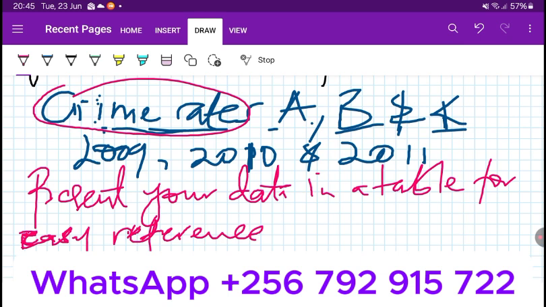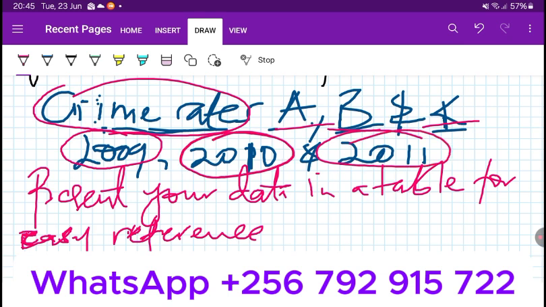The variable is crime rates, but these crime rates appear in certain cities. So we create crime rates on the vertical axis, because those are going to be numbers. Then we put the cities on the horizontal axis. Then we make each bar represent a full year for each of the variables.